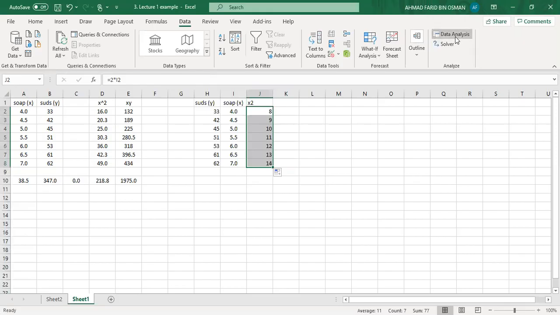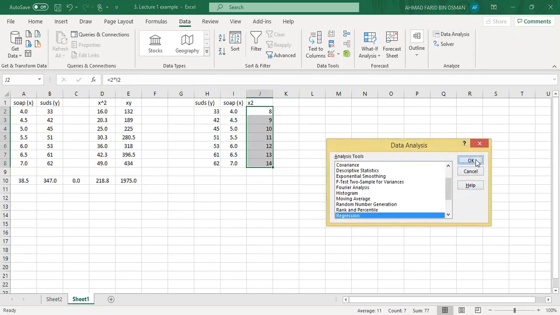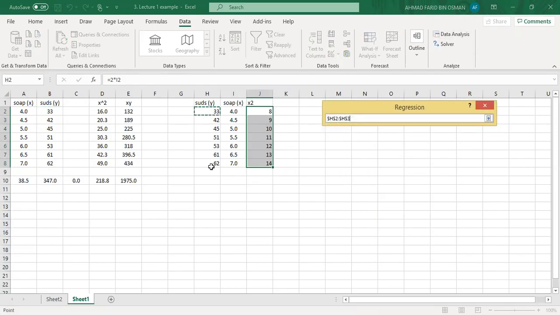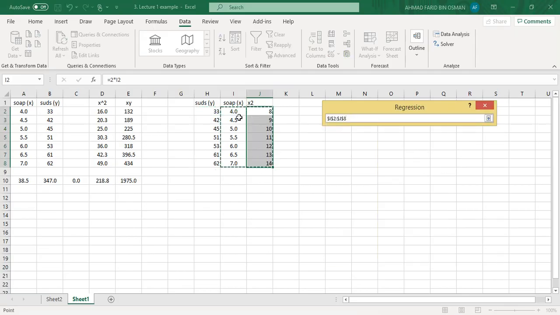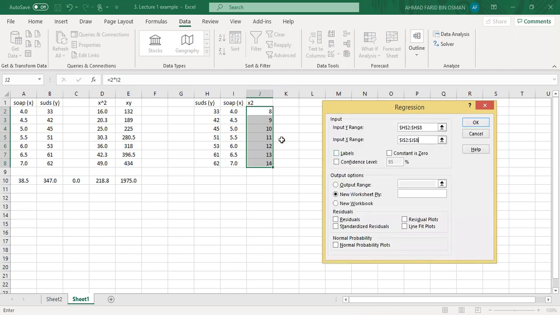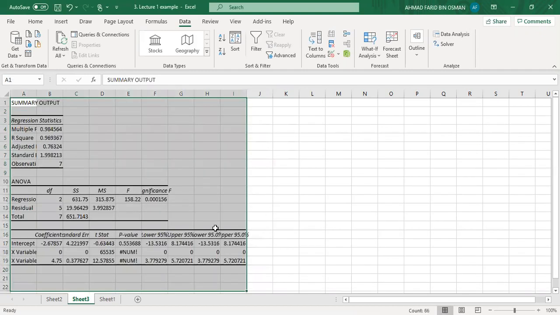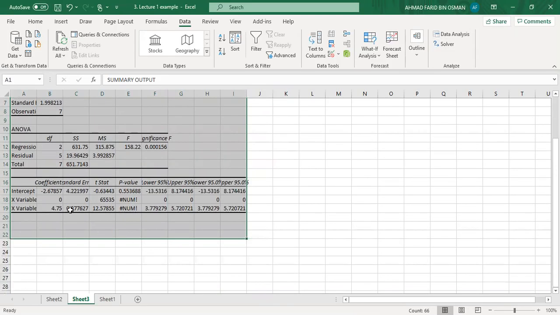Let us try to estimate the model. In the regression, the dependent variable is y, and then the independent variables: you have two variables, but they are perfectly correlated.